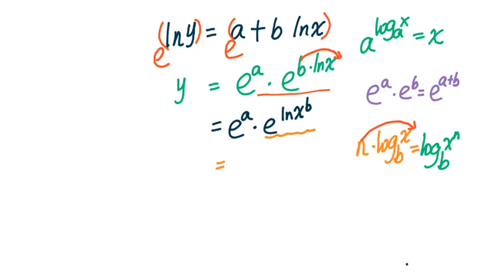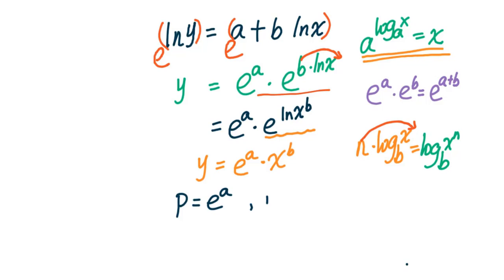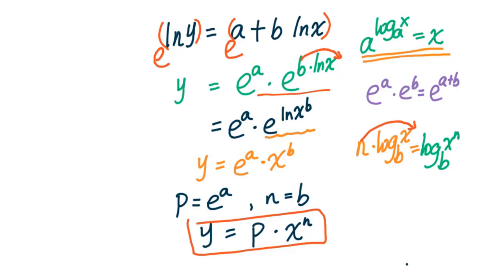For these expressions, we use this formula again. You will get x to the b's power here, and e to the a's power. So you have y equals e to the a's power times x to the b's power. Let's make p equals e to the a's power and n equals b. So we get y equals p times x to the nth power. This will be the power model.